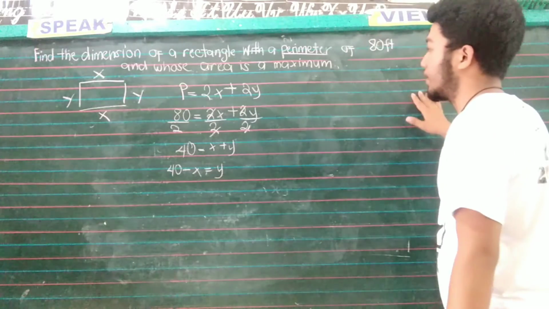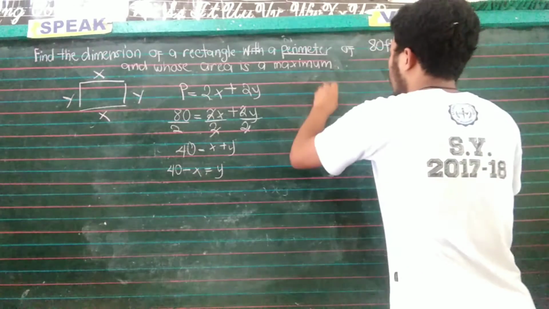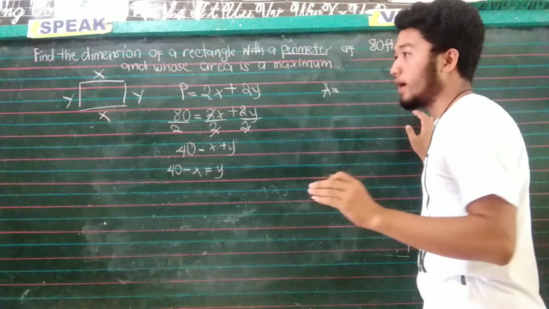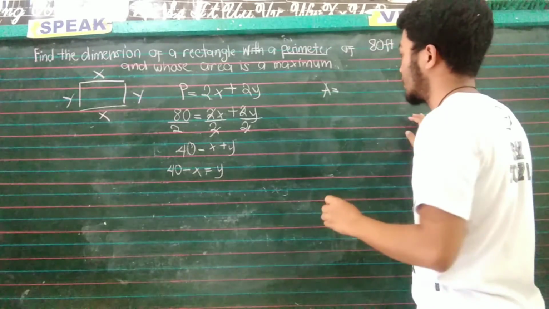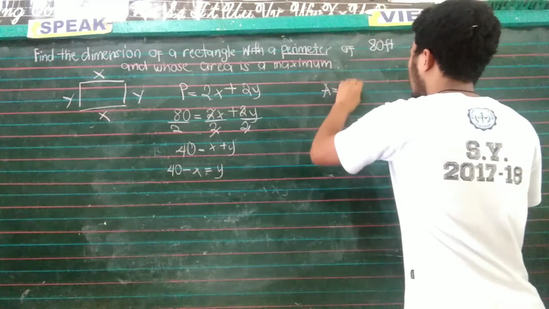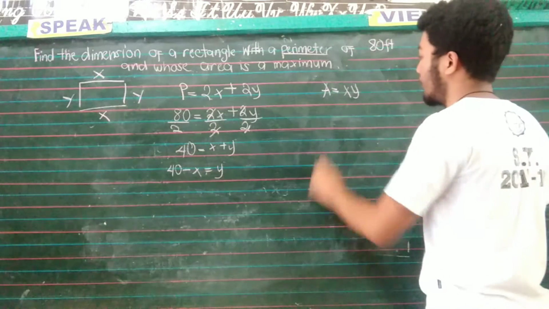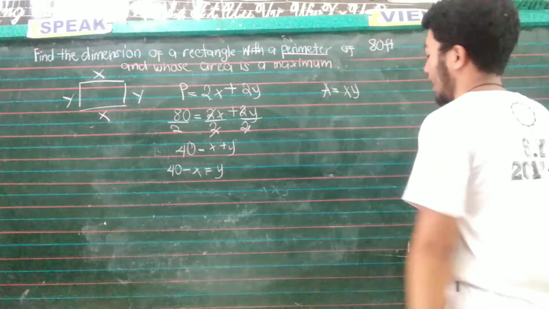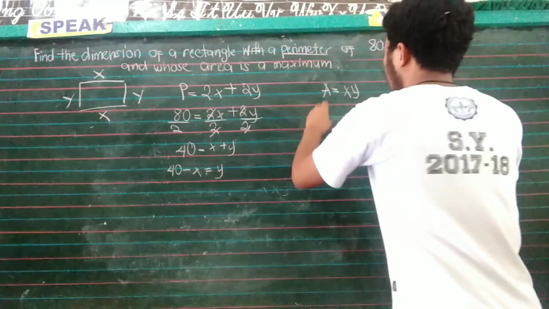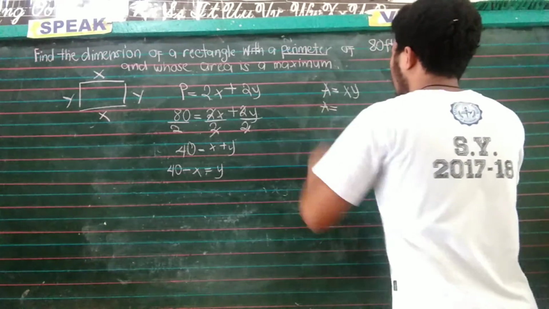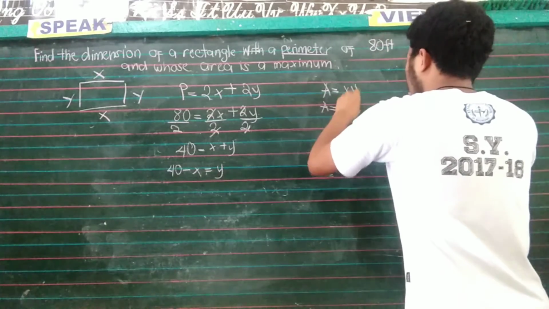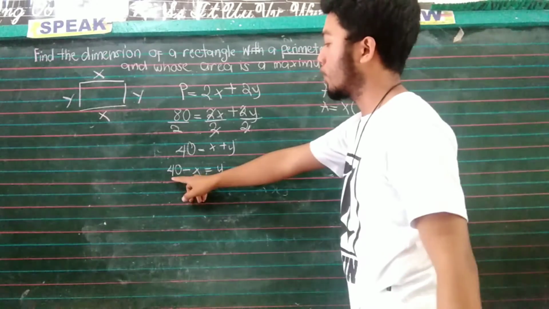The next one we need to consider is the area. Note that the area is the objective of this equation. We have here A is equal to length times width, so A is equal to x times y. To solve, we have x times the value of y, which is 40 minus x.